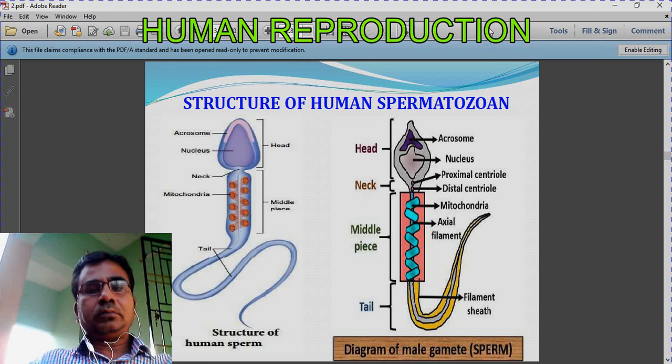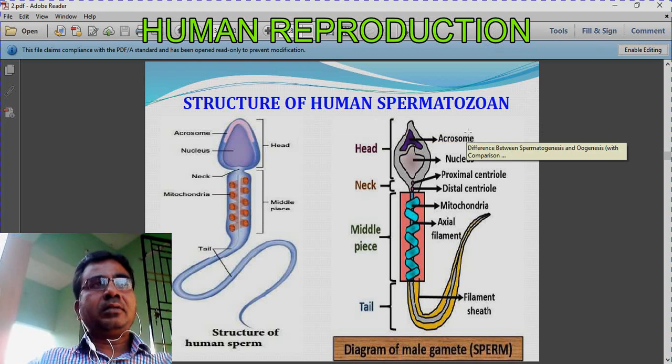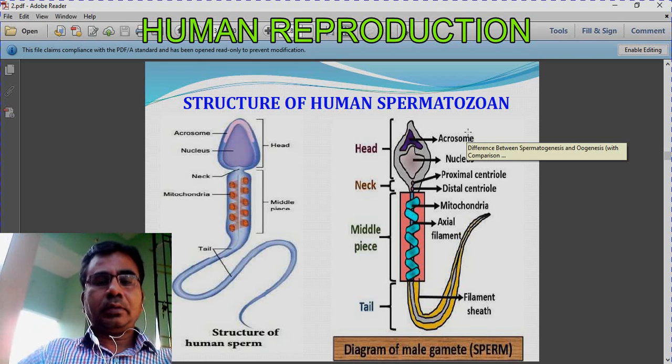Today we are going to study the remaining part: the structure of the human sperm, then oogenesis, and after that the menstrual cycle, lactation, parturition, and pregnancy. All these things we are going to study today.